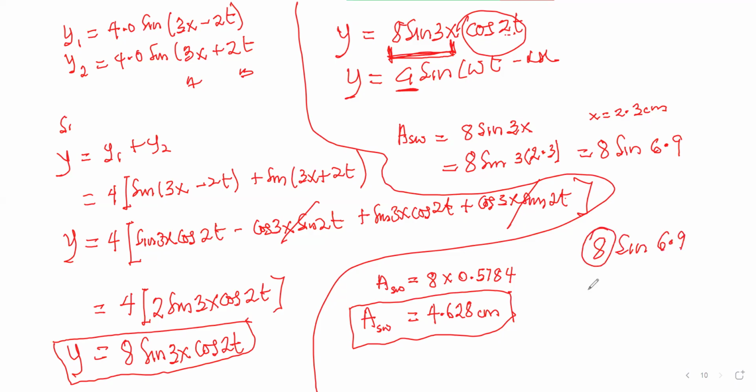The 8 is just a number multiplying it. The angle is the number inside the sine or cosine. That is what we are changing. But the 8 is just a number multiplying it. A very good question. So please note that.